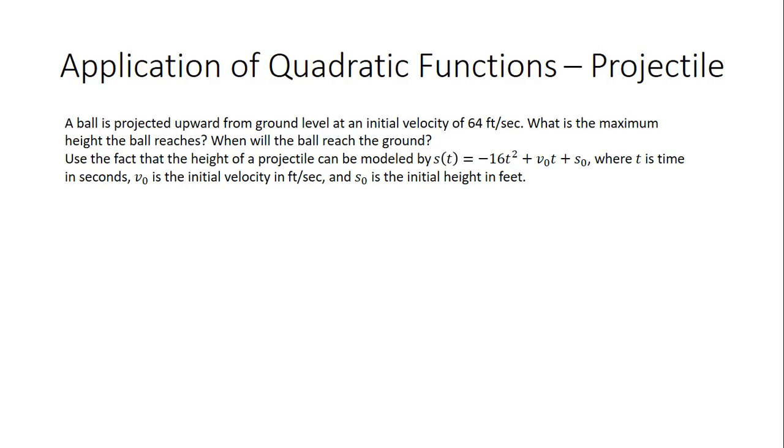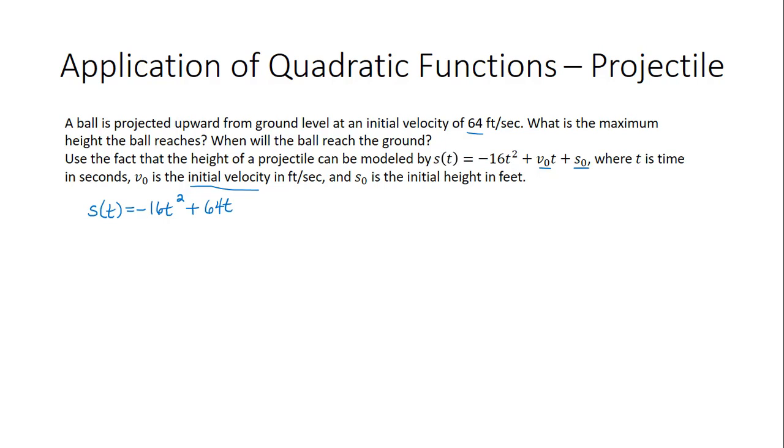So we have the information that we need to get this quadratic function. S of t is equal to negative 16t squared plus v sub 0, our initial velocity, and we're told that the initial velocity is 64 feet per second. So we're going to put 64 in for v sub 0, times t, plus s sub 0.